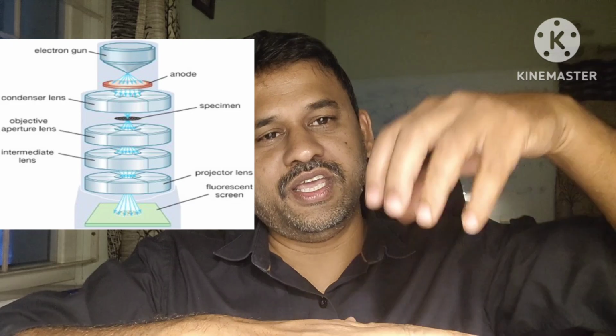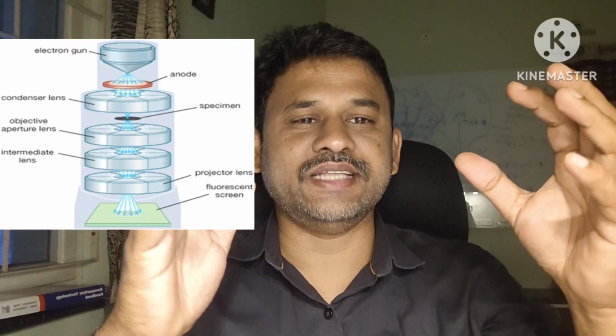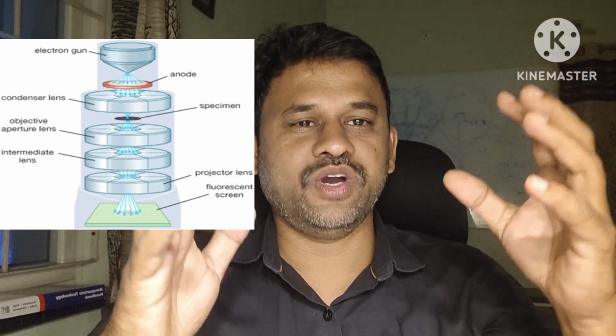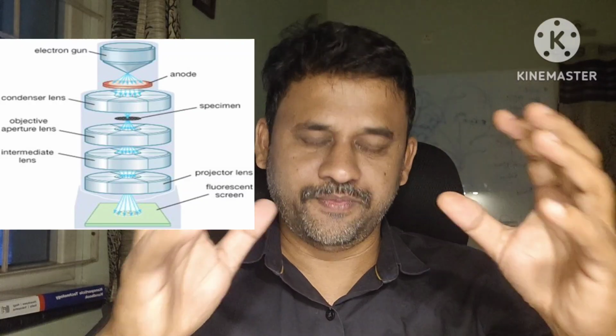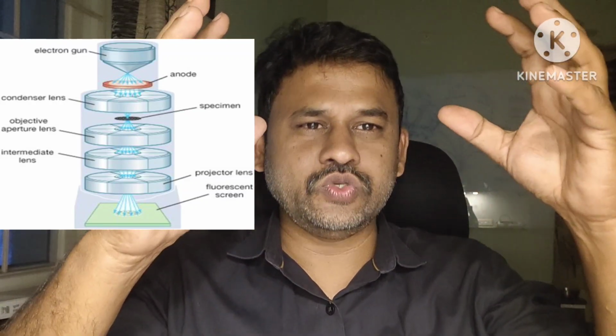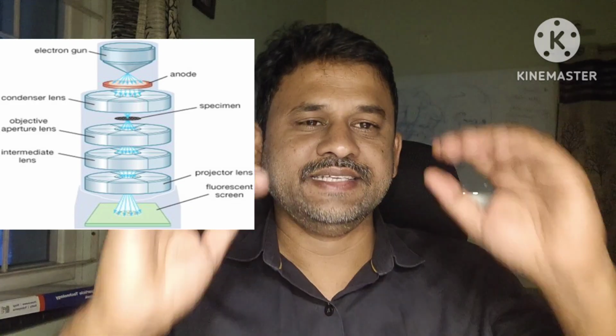In between the source and the sample there are electromagnetic lenses placed: condenser lens 1 and condenser lens 2. These lenses are used to direct the electron beam towards the sample.